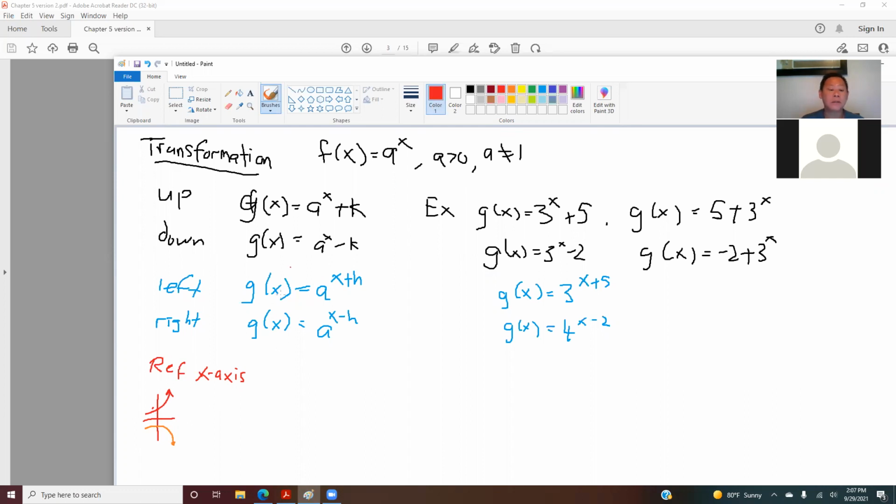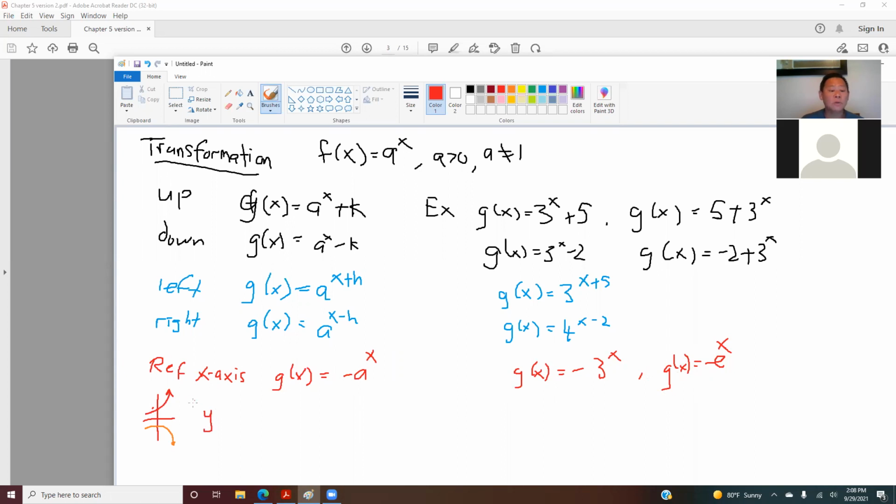How do we know this is a reflection on the x-axis? You get a negative in front of your function. So an example would be if I give you g(x) equals negative 3^x, or I can say g(x) is negative e^x. The negative in front of it means we have a reflection on the x-axis.